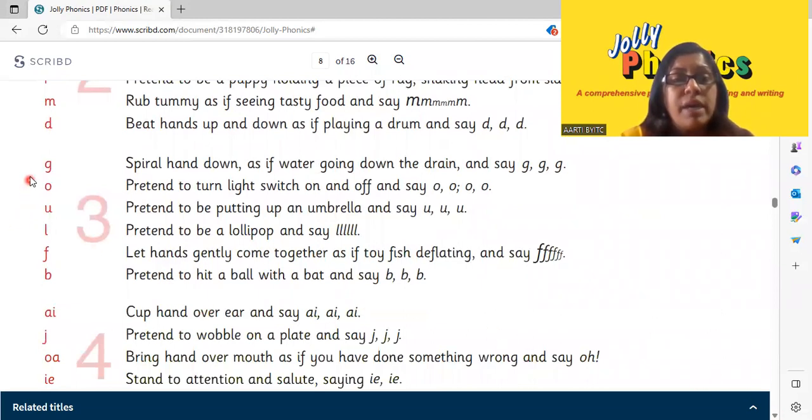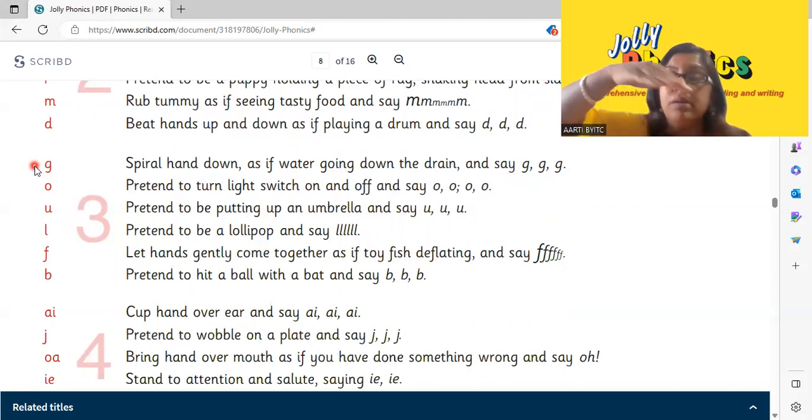Now in group 3, I can see letter G. This is my group 3, letter G. Spiral hand down. Spiral hand down means you're making a spiral like this, round and round, as if water is going down the drain. When the water goes down the drain, the action is this only. And what am I saying?